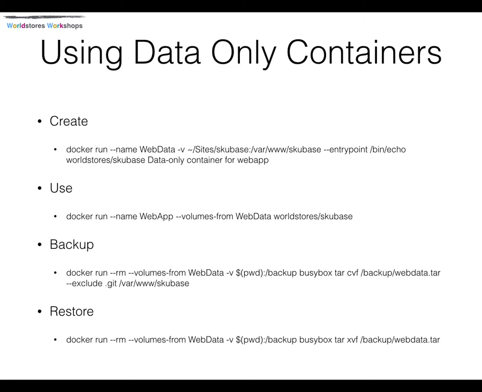But we need a way to get this backup webdata.tar back to our host, and that's why we mount our current working directory, or any directory on your host that you want, into backup. So as soon as I run this command, it will then do a tar compression.